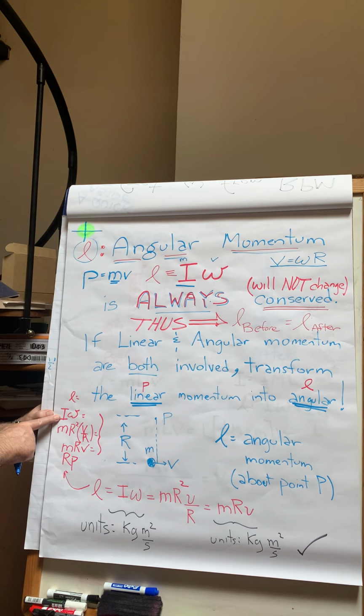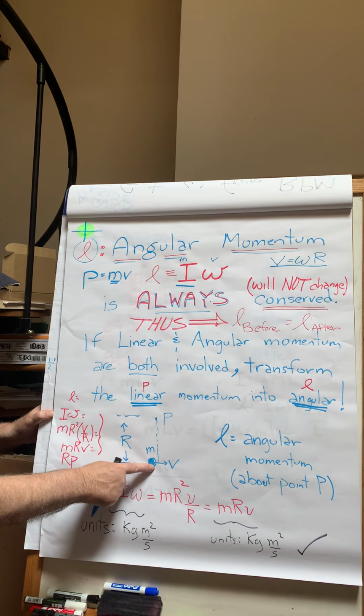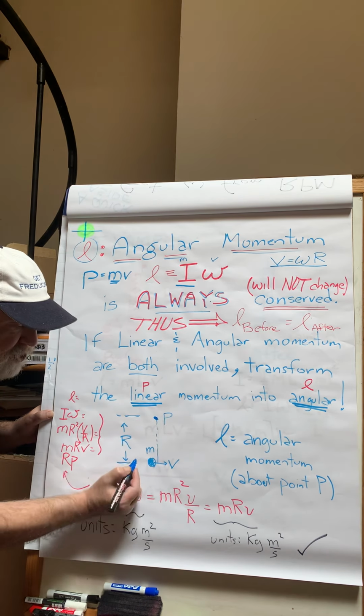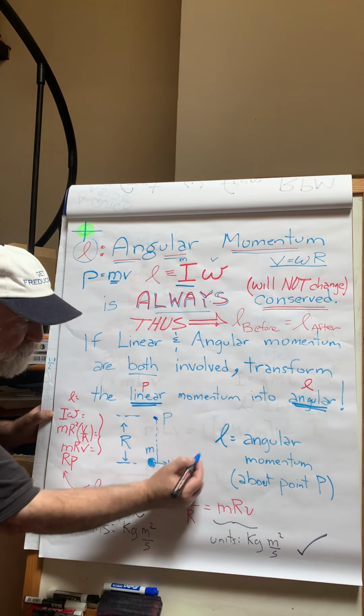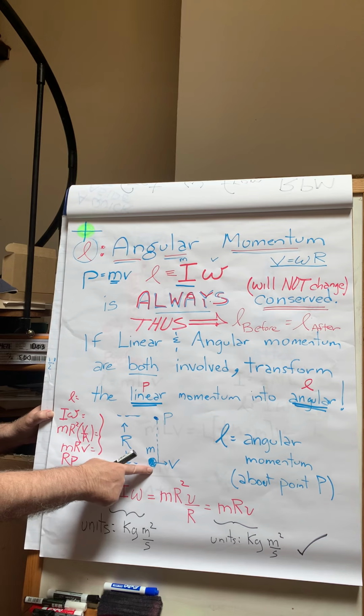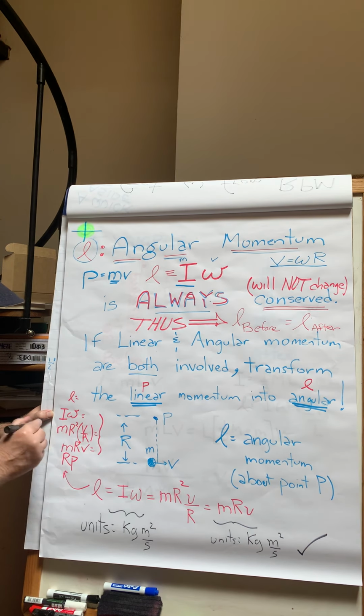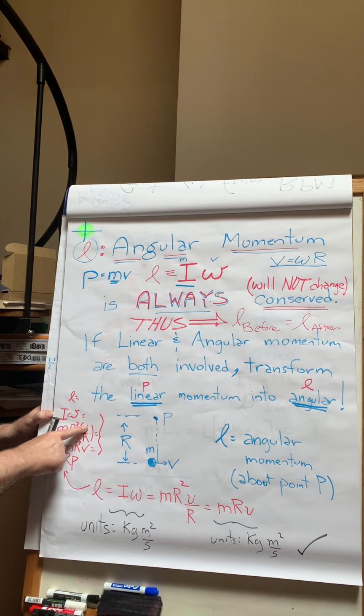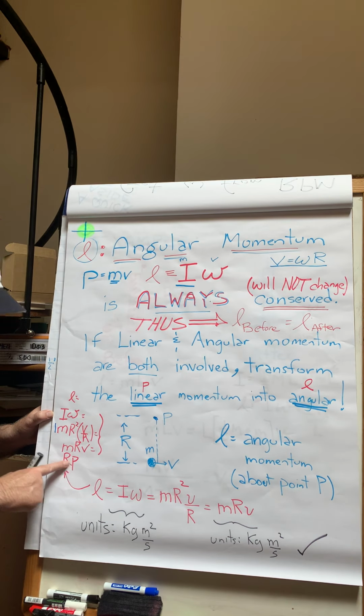In this case I have a ball and a rotation point P, so the ball is going to rotate around this point that's R away from where it is located. So it's mr squared times omega, which is v over r. One of the r's cancels, and I get mrv, which is linear momentum times the radius.